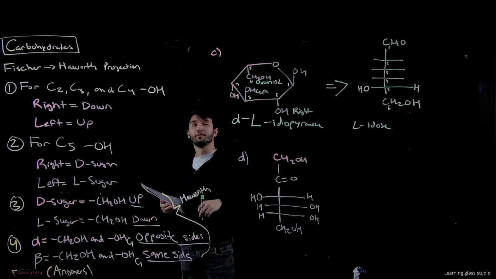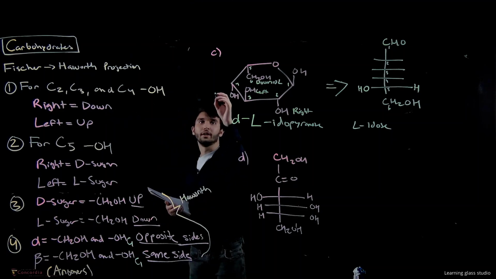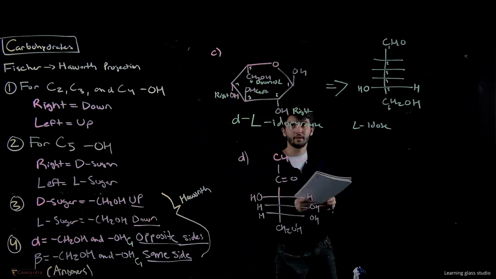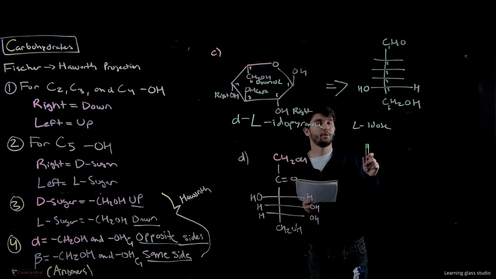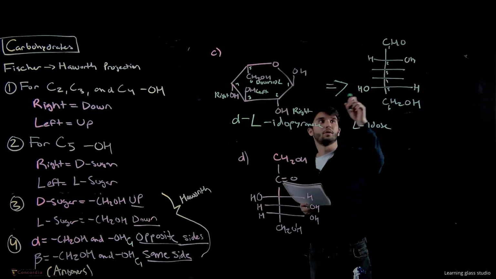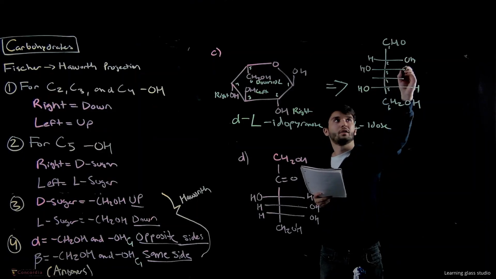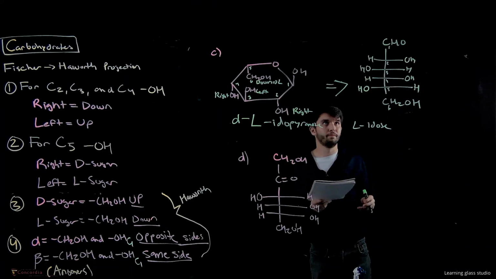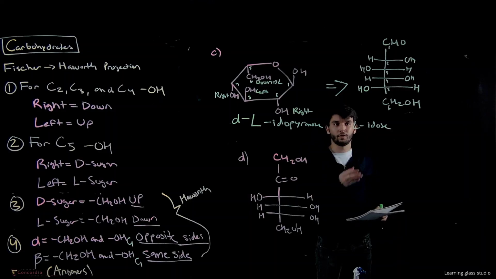And then carbon 4, this is going down, so down is right. So what we see, carbon 2, the OH is on the right. Carbon 3, the OH is on the left. Carbon 4, the OH is on the right. That looks good. So that should be it for L-idose.